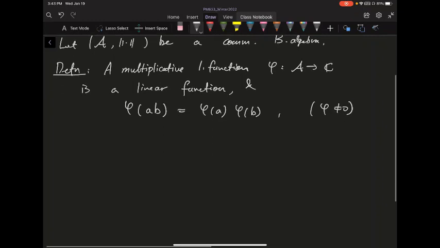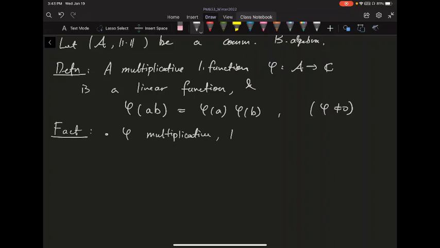All right, so let me give you some facts. I'm not going to prove them. If you're interested, you can pick up any Banach algebra book or operator algebra book, and they will probably have these facts. Whenever you have a multiplicative linear functional phi, then it always has norm 1.